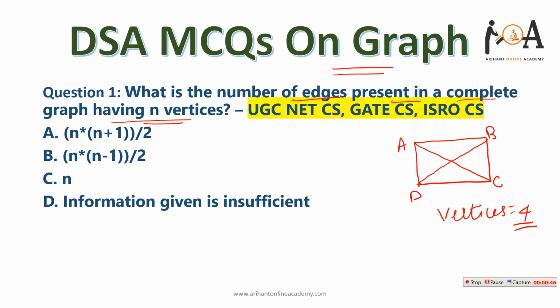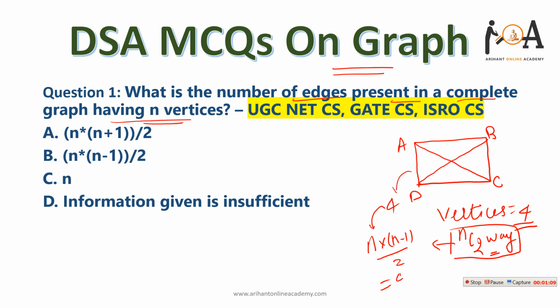So basically there are nC2 ways to connect each of the vertices to each other in a graph. It is a general mathematical formula. I hope you all know that nC2 is nothing but n into n minus 1 divided by 2. So what is the value of n here? Here we have 4 vertices, so just substitute the value: 4 into n minus 1, that is 3, divided by 2. 2 fours are 8 and 3 twos are 6.